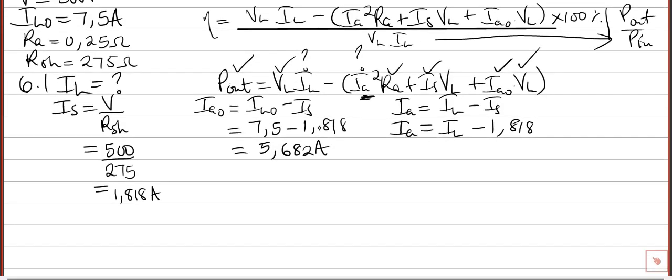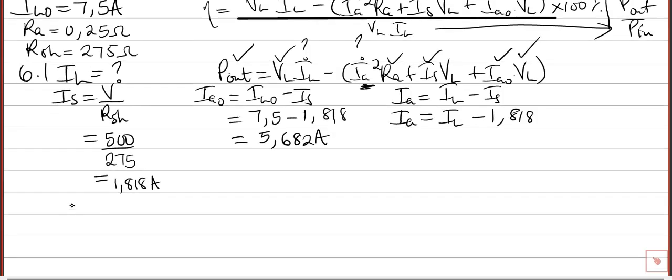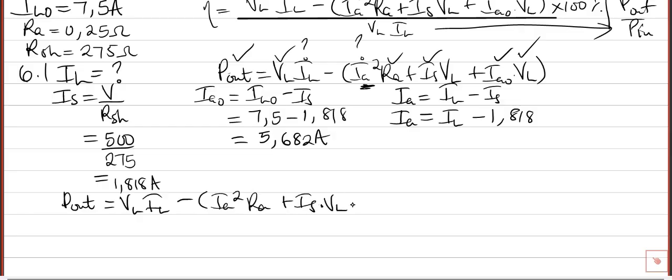So let's apply what I'm talking about here, substituting IA into this whole formula. So I'll rewrite the same formula. We have P out equals VL IL minus IA squared RA plus I shunt VL plus IAO times VL. So we're substituting our information.